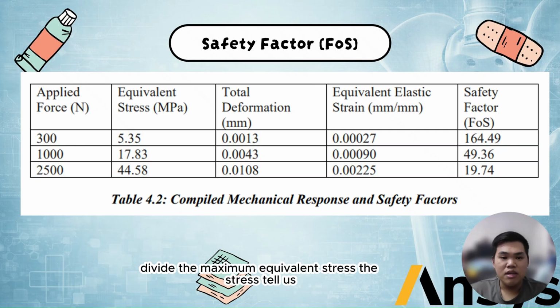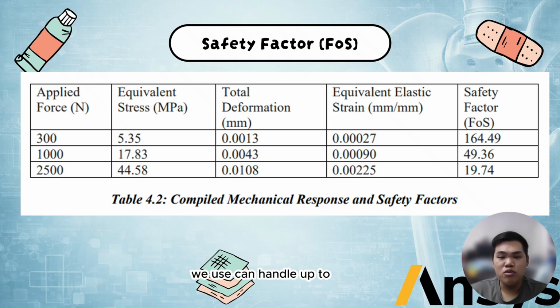The stress tells us if the metal is about to crack. The maximum stress we found is only 44.5 megapascal. The titanium we use can handle up to 818 megapascal before it deforms. This means that our stress is tiny compared to what the material can actually take.